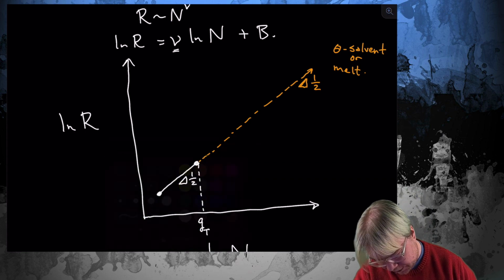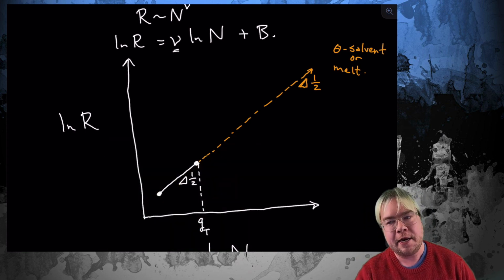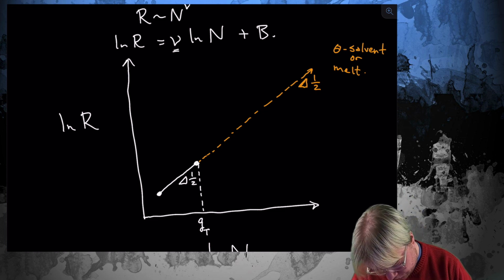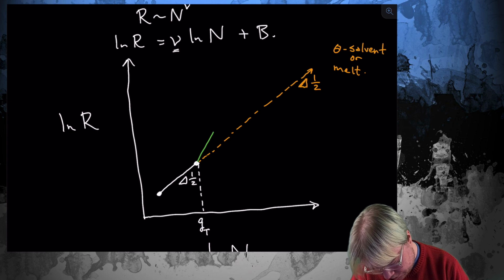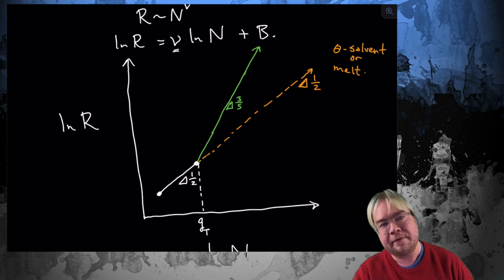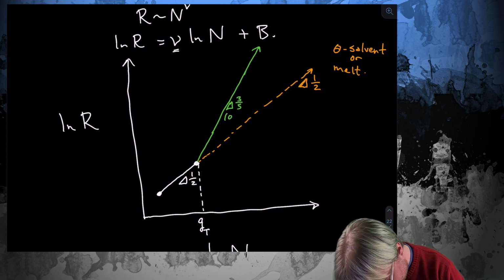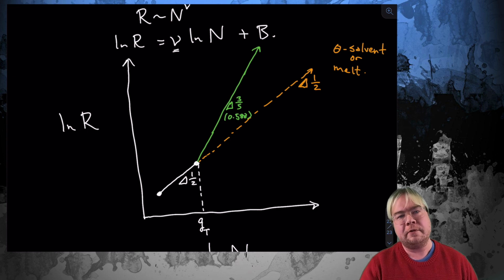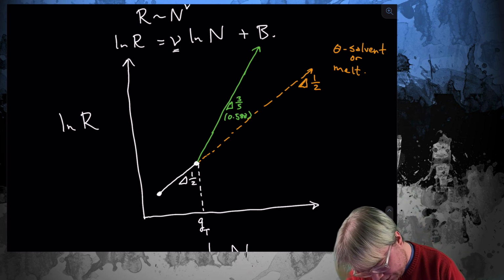What if it's a good solvent? Well, if it's a good solvent, then what? The slope should be 3/5. So after the thermal blob, I'll get this. The slope here is 3/5. Actually, it's 0.588 if you care about the details.